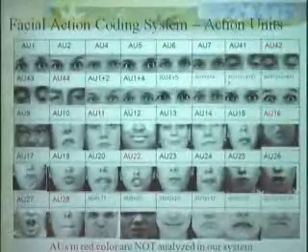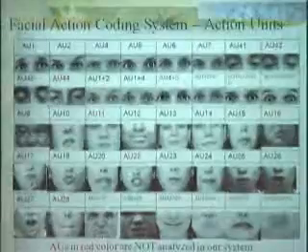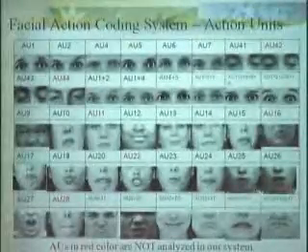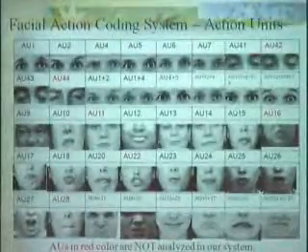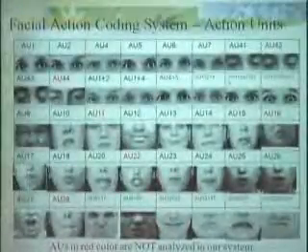I gave some examples here. You can see some in red color. Those in red color mean we didn't recognize them in the system, because either we do not have enough data in the database, or they are pretty confusing. For example, AU42 and AU44.